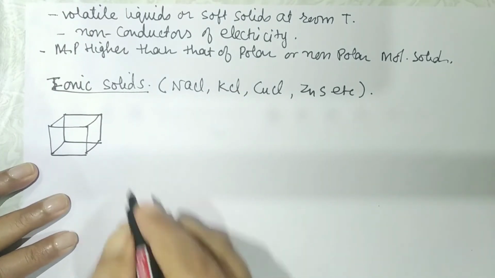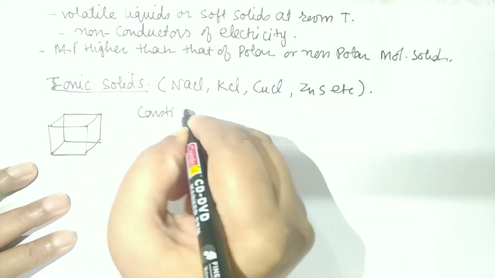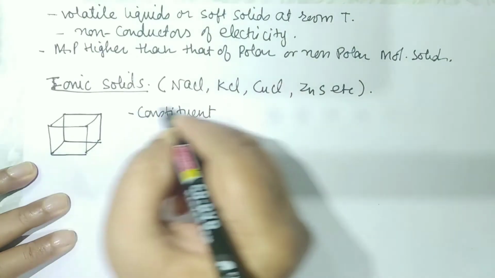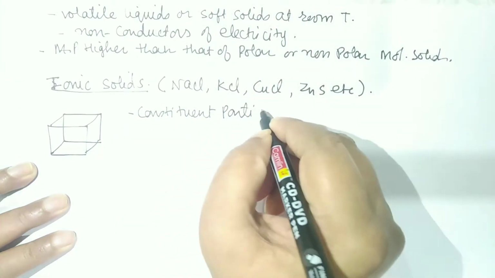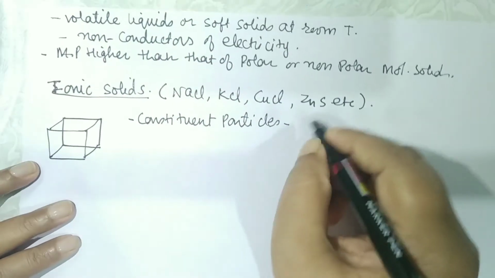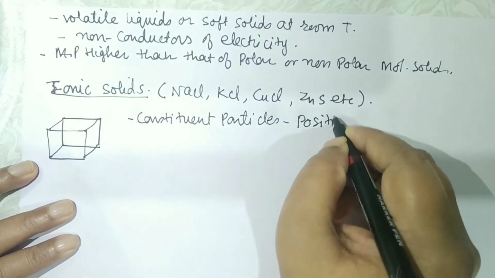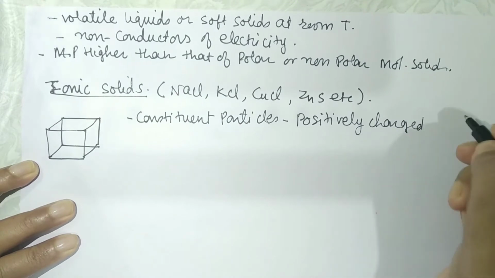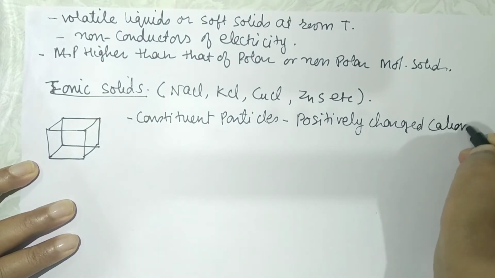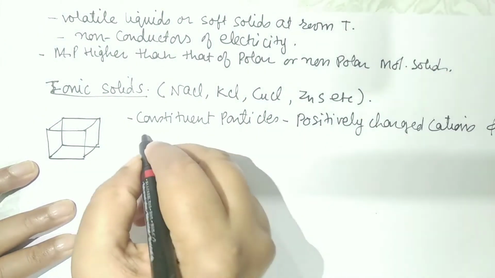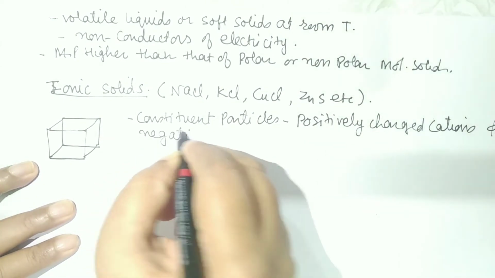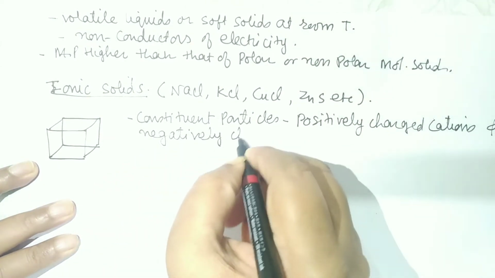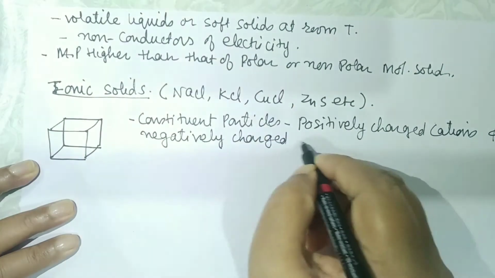Now here the constituent particles occupying the lattice points are positively charged cations and negatively charged anions.